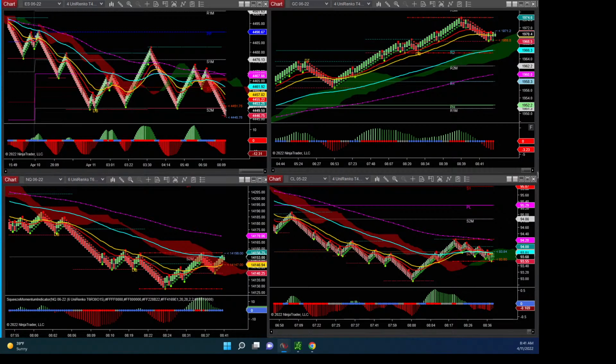I don't have a bounce out of anything here, so I'm gonna hold off. It's not a bounce out of the 21. It could be a bounce, but it's not a bounce out of neither the 21 or the 34.